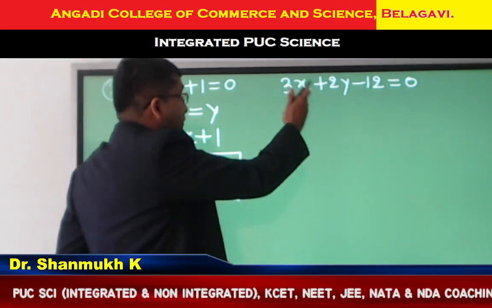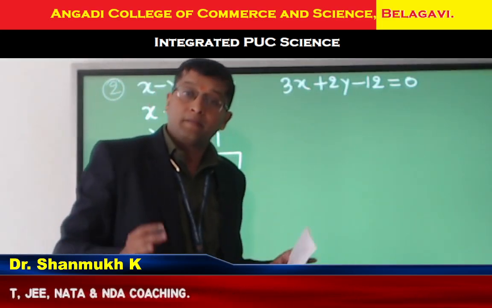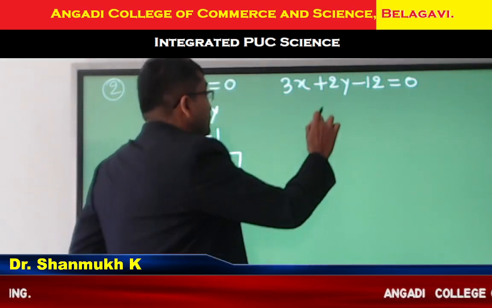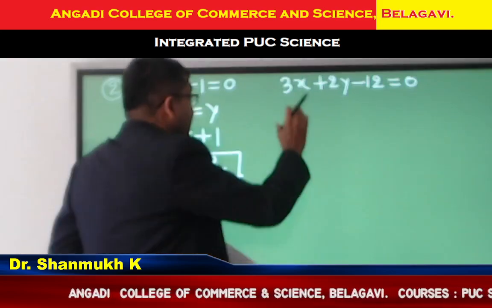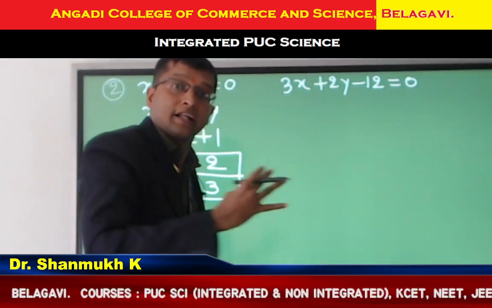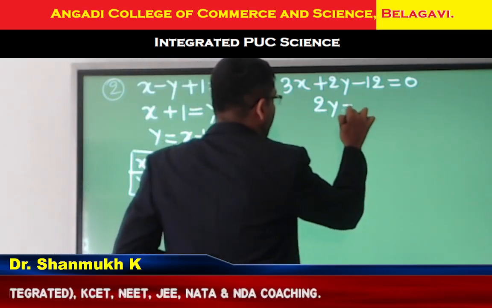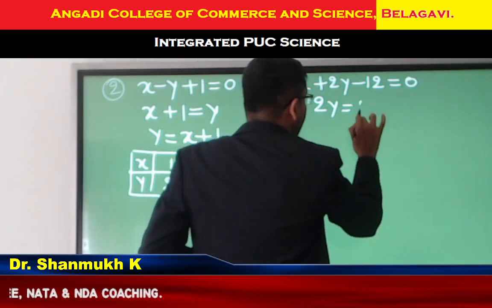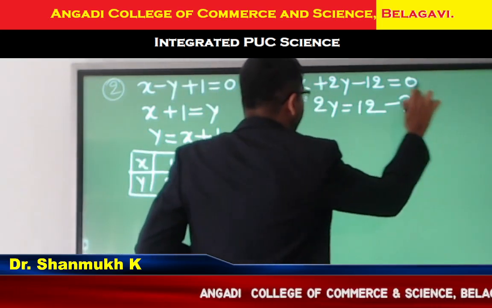Here also for the second equation, we need to write a solution for y. The procedure is very simple. The y coefficient is associated with a plus sign. Then the remaining two terms we need to transport to the RHS. 2y equal to minus 12, transporting plus 12, plus 3x, transporting minus 3x we are going to get.